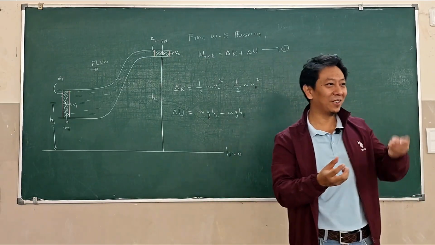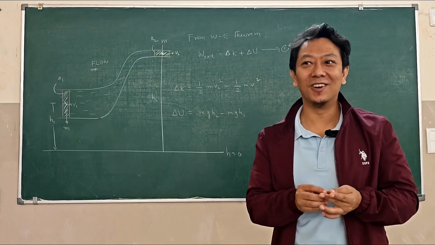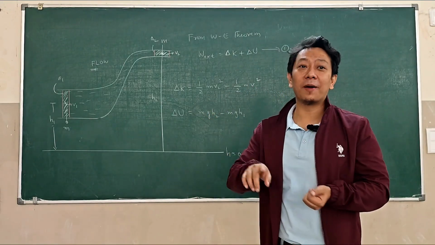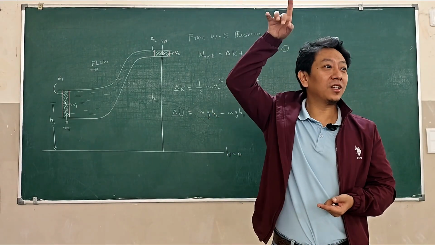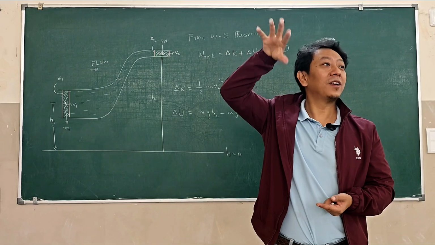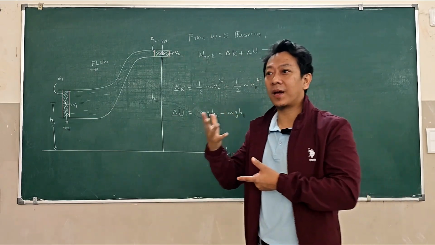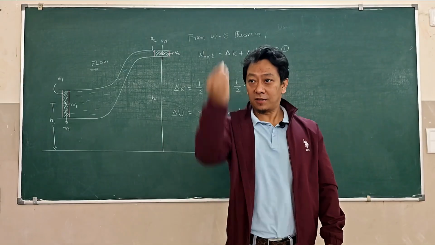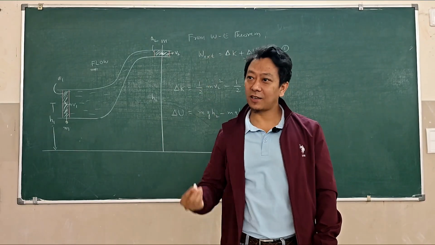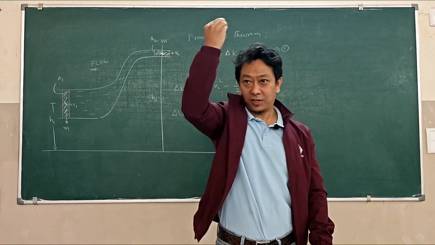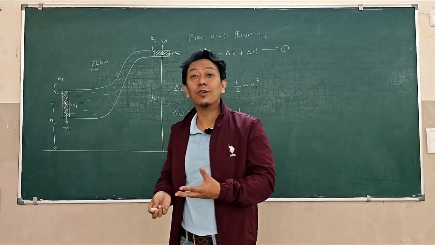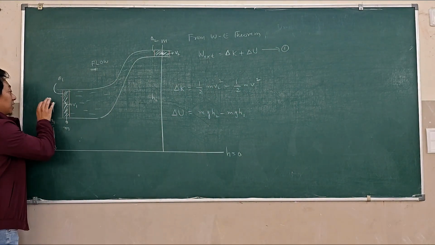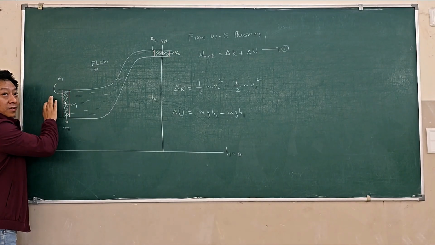Gravity is also external for this chalk, but it is conservative, no? So if it moves only under conservative force, what happened? Potential energy increased, kinetic energy decreased. That's why we say mechanical energy is conserved. But if I do like this, then I can increase kinetic energy also, potential energy also. But I have to do work. So here who is doing the work? Obviously the pressure force here.